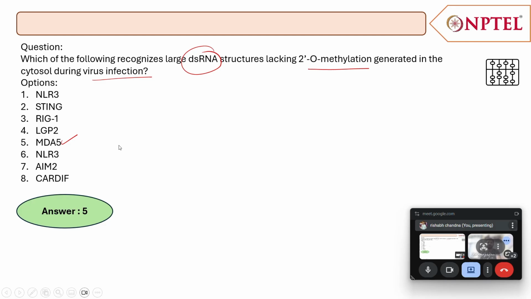So yes, MDA5 directly recognizes the double stranded RNA. Okay, so that lacks 2' O methylation generated in the cytosol during viral infection. Okay, so let's move on to the next question.